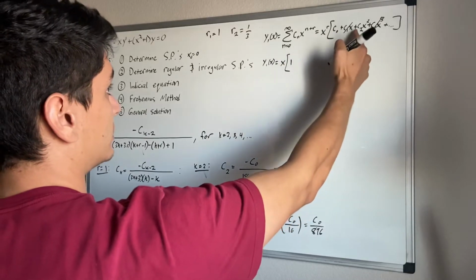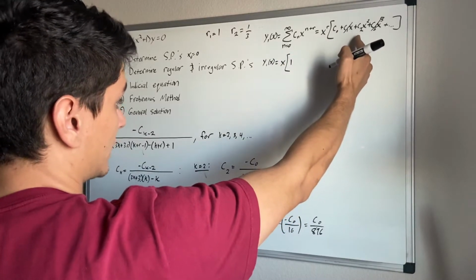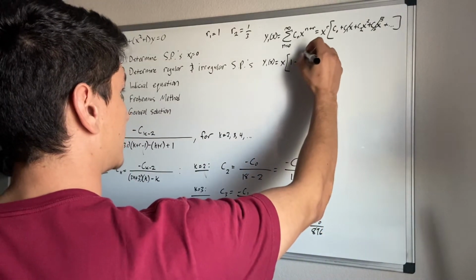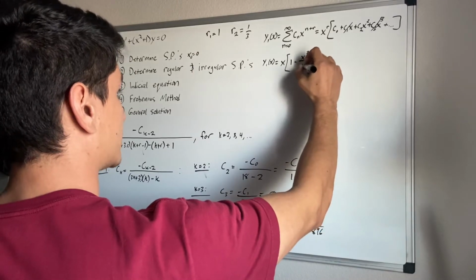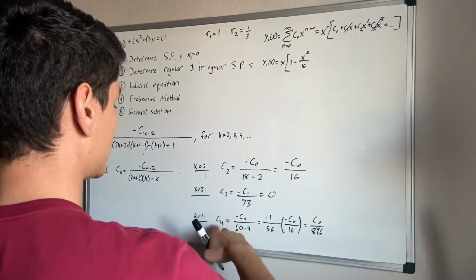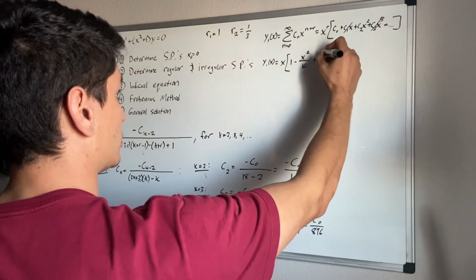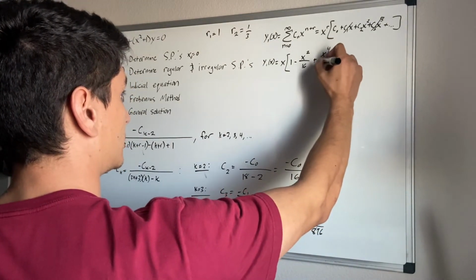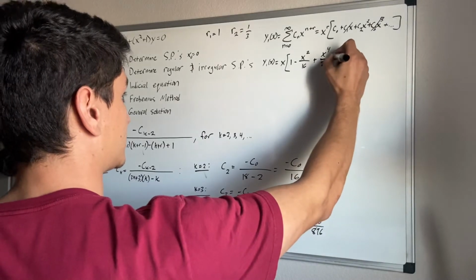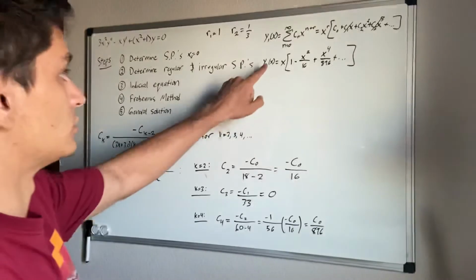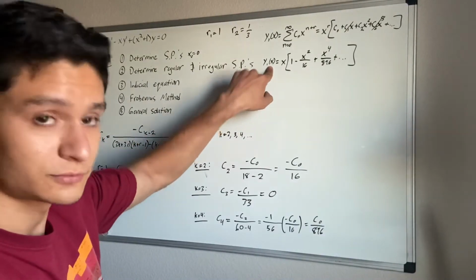So we have 1 plus c2x squared. c2 is negative c0, so it's minus x squared over 16. c4 is going to be positive c0 over 896, so it's positive x to the 4th over 896 plus dot dot dot. And that is y sub 1 of x.